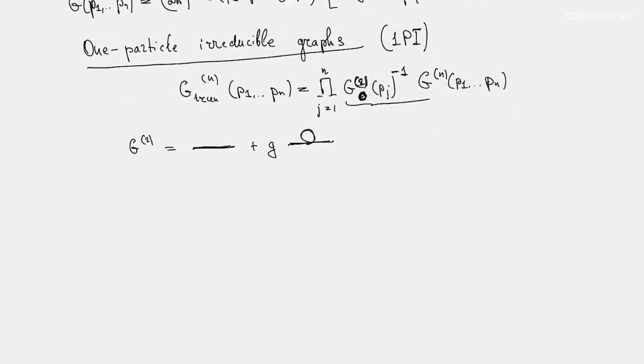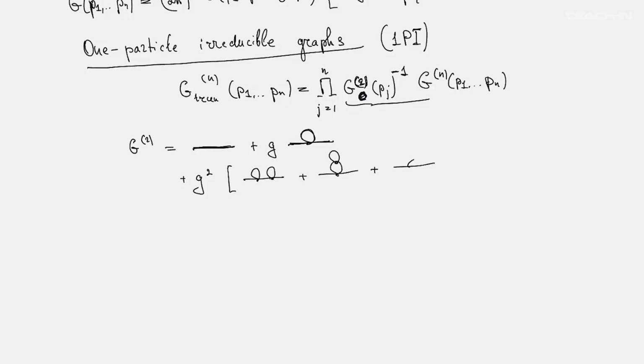And at order g squared, we will get the following diagram, plus a diagram like this. Again, two interaction vertices. And finally, there will be a diagram like this. 1, 2, 3. This is all at order g squared.